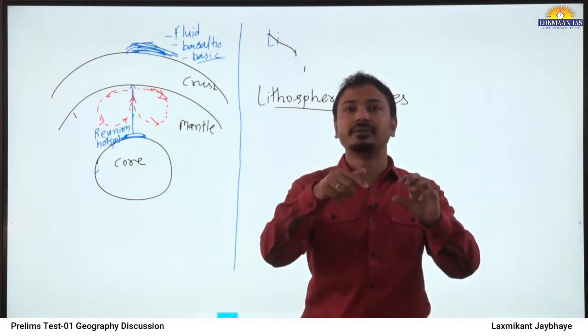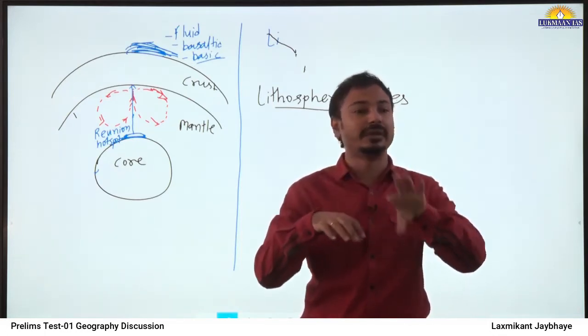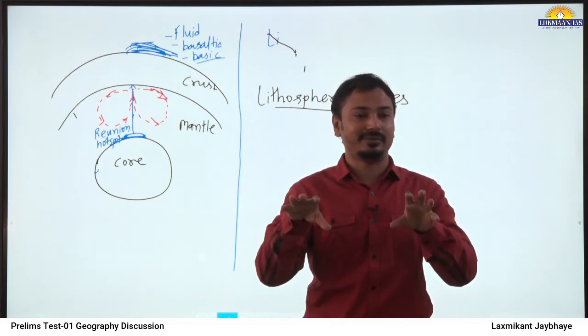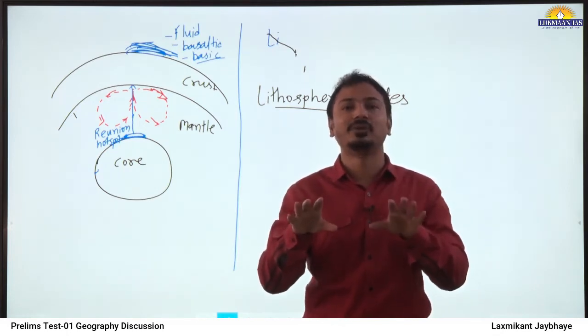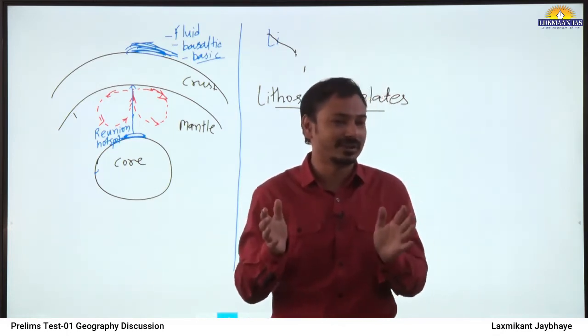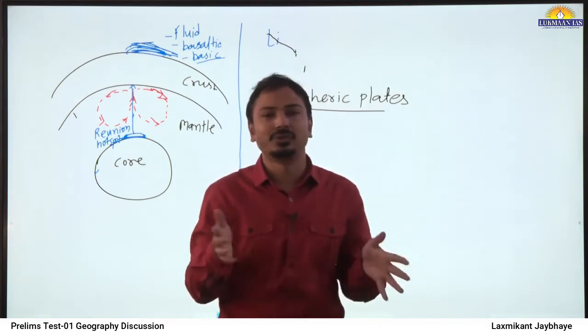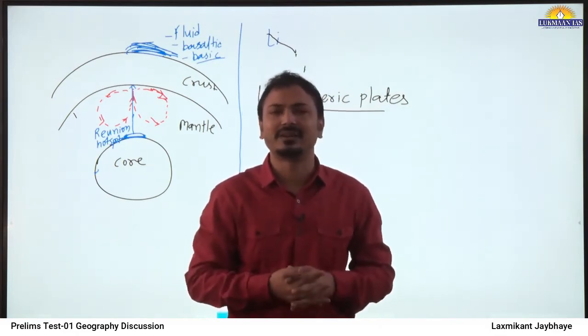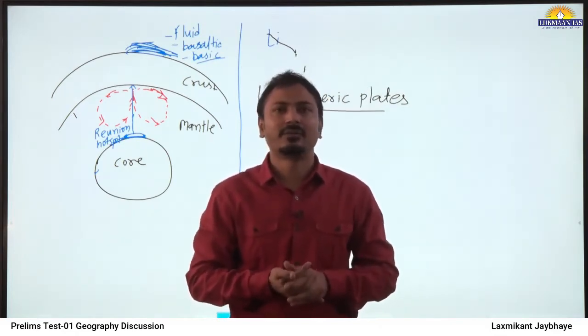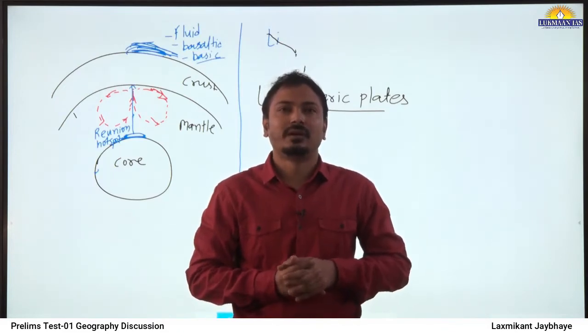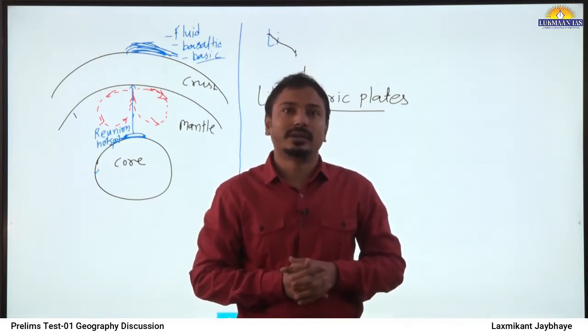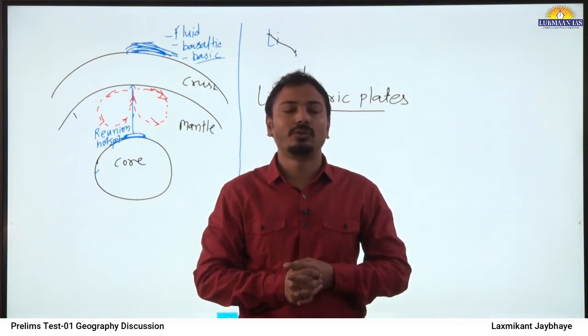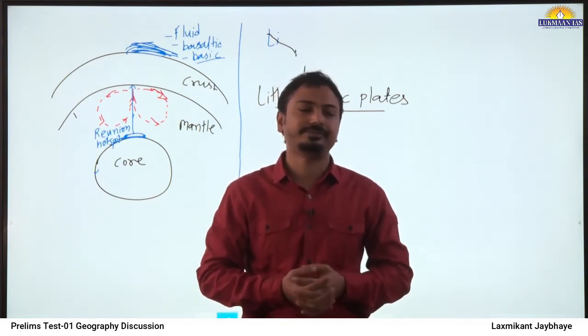The question will be like this only: whether it is erosional or depositional, whether it is formed during the youthful stage or mature stage. Such questions will be asked from landforms. So yes, this can be the note-making exercise for you.